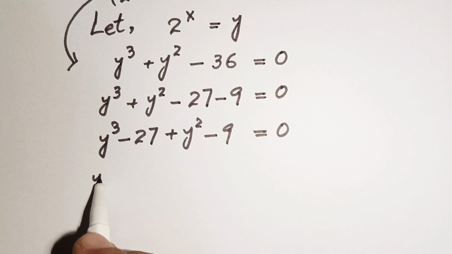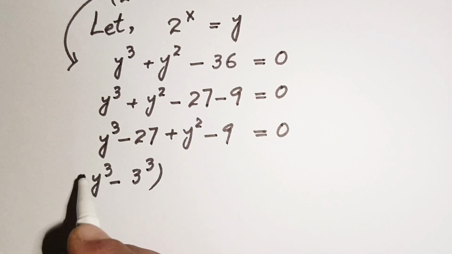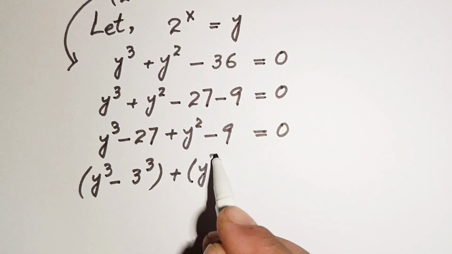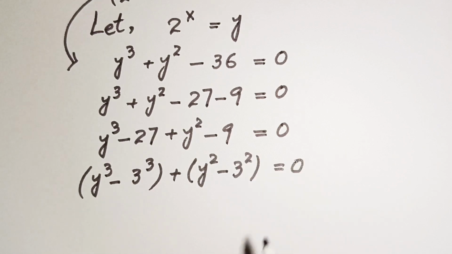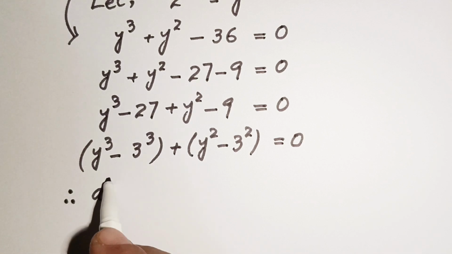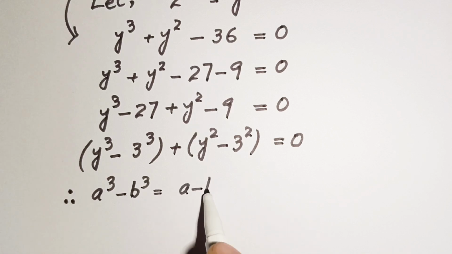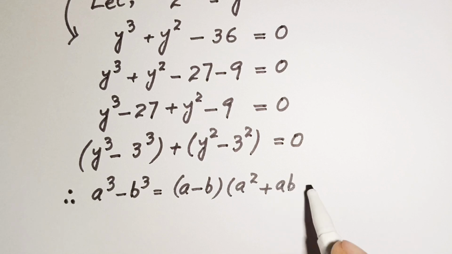Now this y cubed minus 27 is y cubed minus 3 cubed, just making this one pair, and plus here we have y squared, and 9 can be written as 3 squared, it is our second pair. Now using algebraic formulas, as we know that a cubed minus b cubed is equal to a minus b times a squared plus a times b plus b squared.